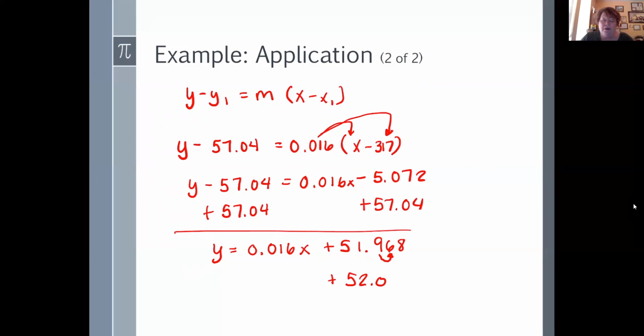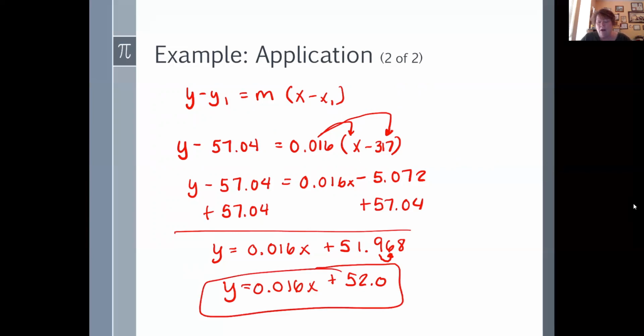So you're going to round the 9 up. But when you round that up, you have to round the 1 up to 52. So it's 52.0. And there is our model of atmospheric carbon dioxide, which I can't say. All right, and that is the end of section 2.3.